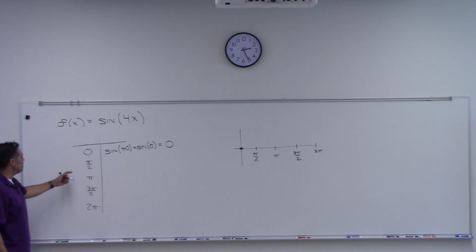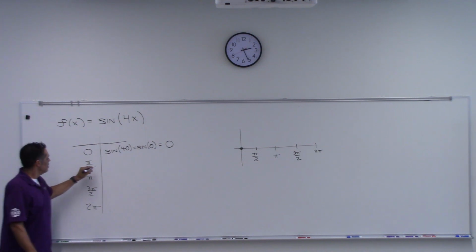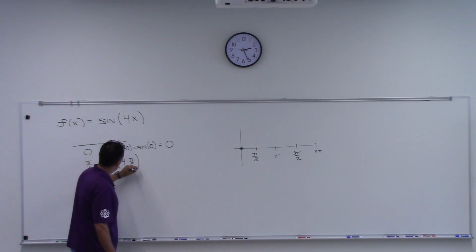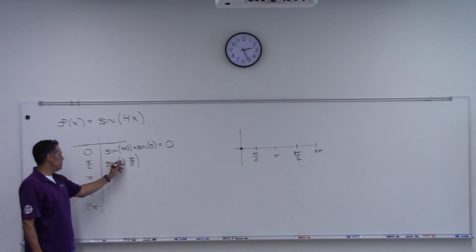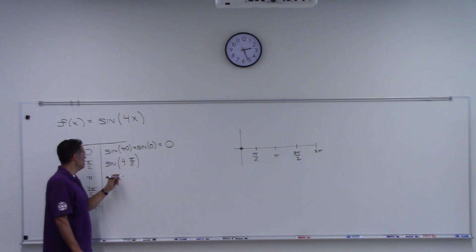Okay, what happens when we plug in pi over 2? Sine of 4 times pi over 2. That's 4 pi over 2, right? 4 pi divided by 2. How many pi's is that?